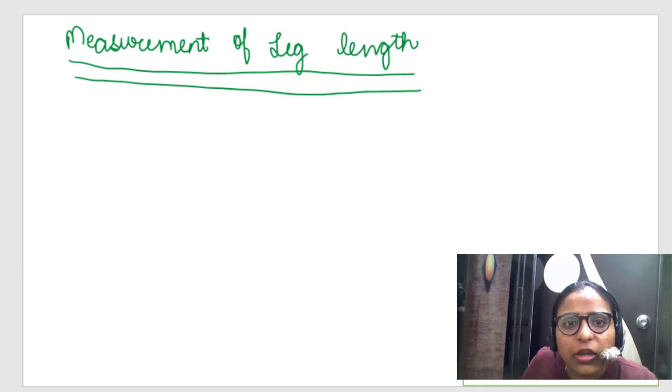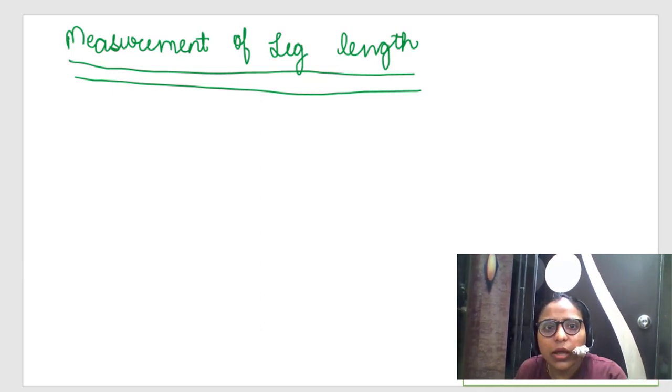You have to check it if you doubt that the length of the patient's leg is not equal on both sides, right? Then you do the leg length test.